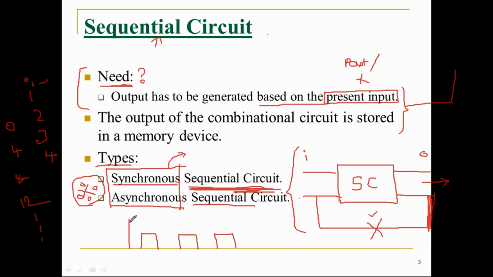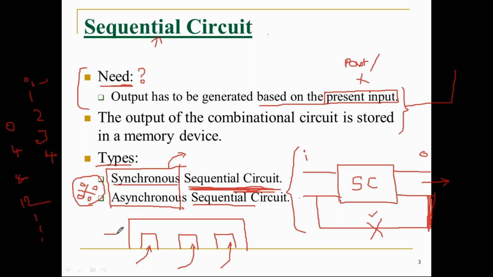Suppose this is the classroom. Simultaneously all the paths are opened for entering the classroom. This is called a synchronous operation or parallel operation. At the same time, all the gateways allow the inputs. This is a simple analogy for understanding the synchronous sequential circuit.